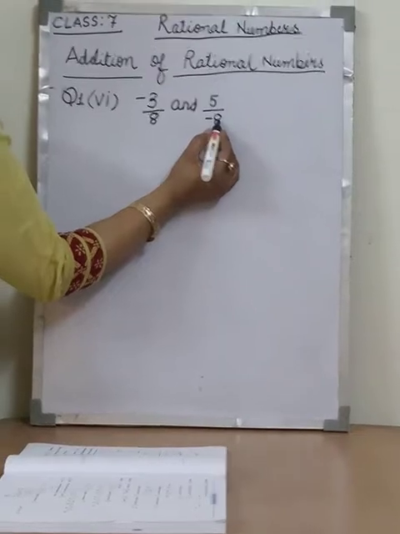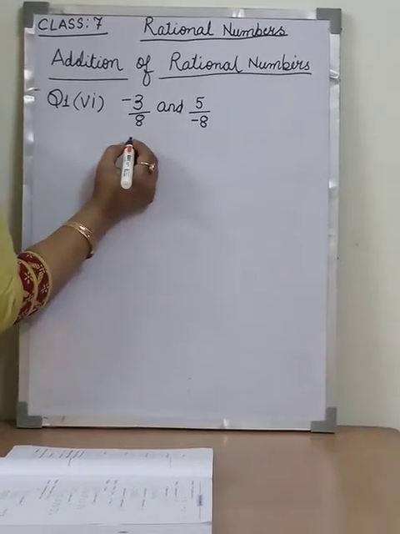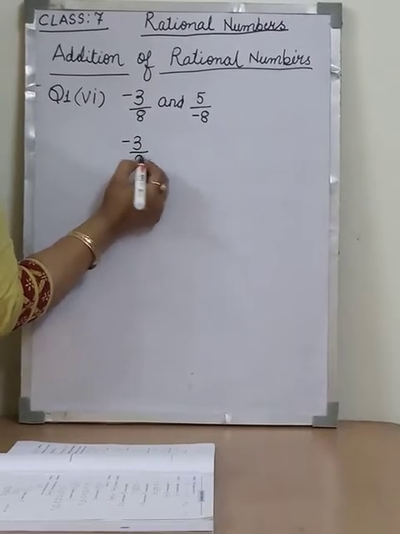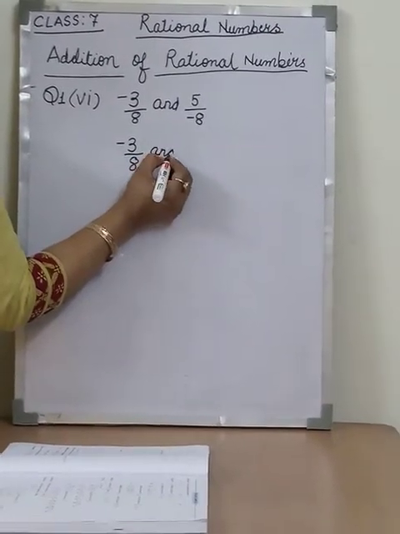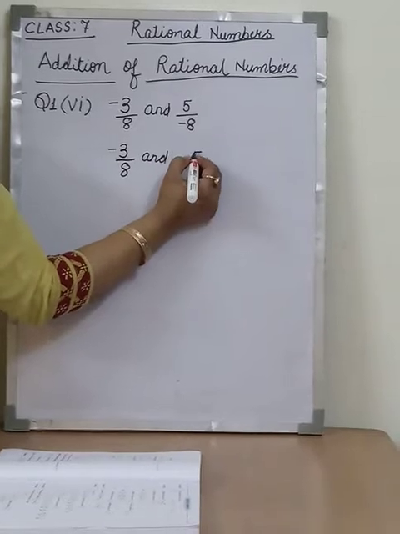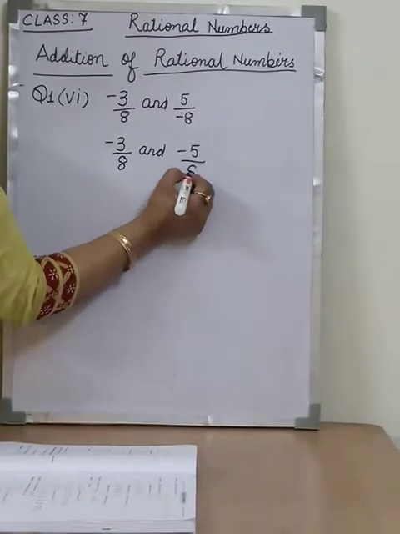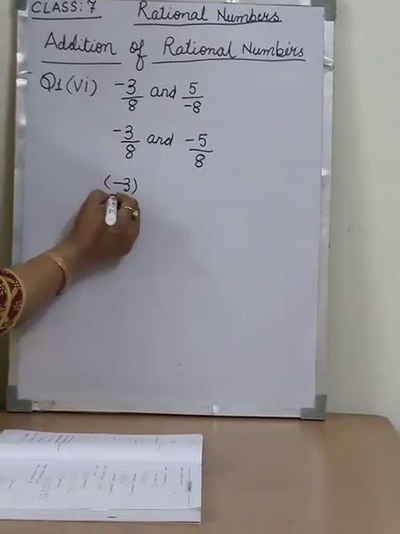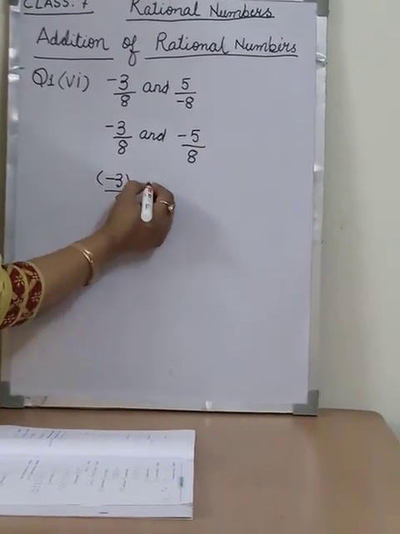So firstly I convert this negative denominator to positive by multiplying it with minus 1. So we can write minus 5 by 8. Now we write the mathematical expression showing that we are adding the two rational numbers.